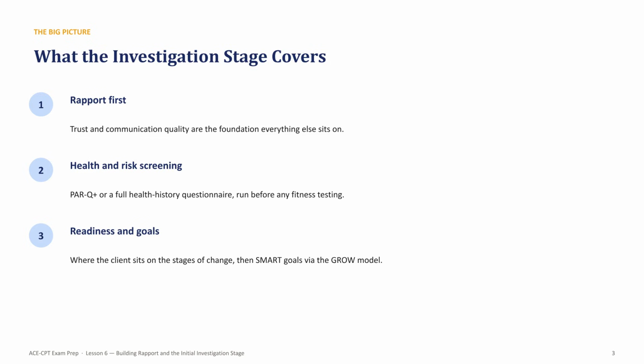You need to know it's safe before you ever ask a client to move. Third, readiness and goals. Once you know it's safe, you figure out where the client actually sits on the stages of change, and then you build SMART goals together using the GROW model. Notice the order: rapport, then safety, then readiness and goals. That sequence matters, and we'll come back to why later in this lesson.